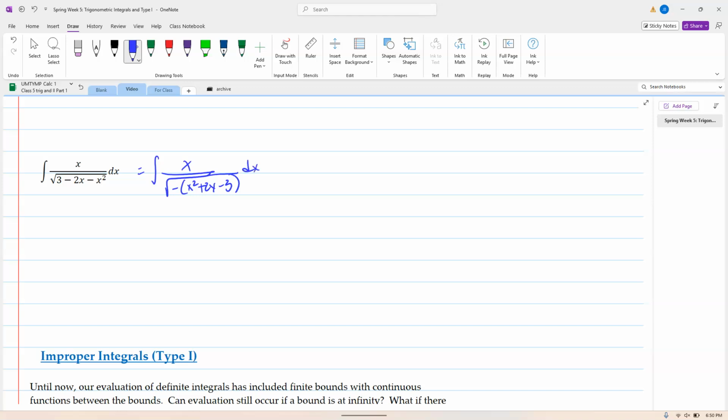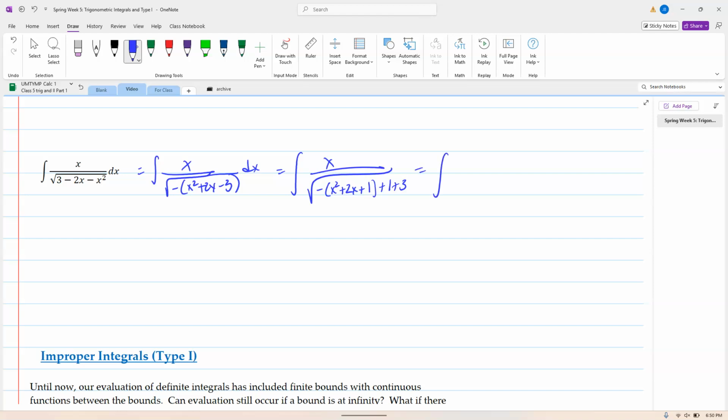The x squared plus 2x could be a perfect square if I added 1, right? So let's rearrange that a little bit. Integral x over square root, and then I'd have x squared plus 2x plus 1 in here. That would be a perfect square. Negative out there, so that's actually a negative 1. So I'd have to add 1 back in, and then I'd have plus 3.